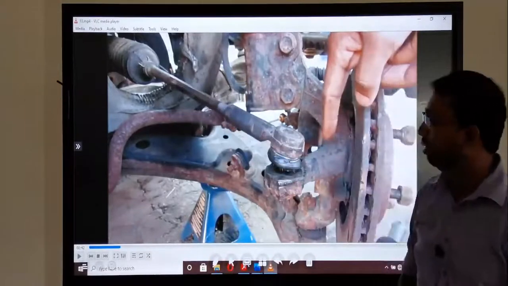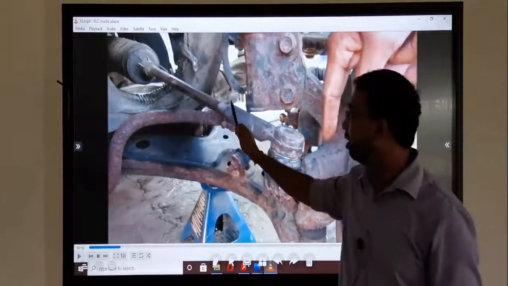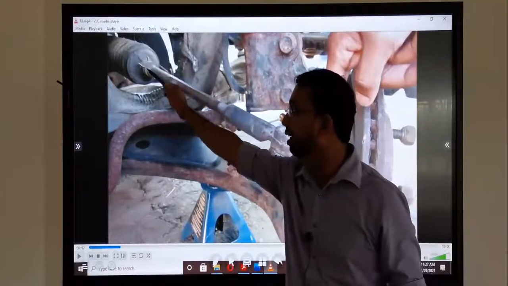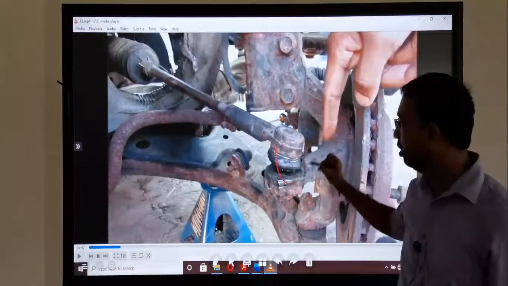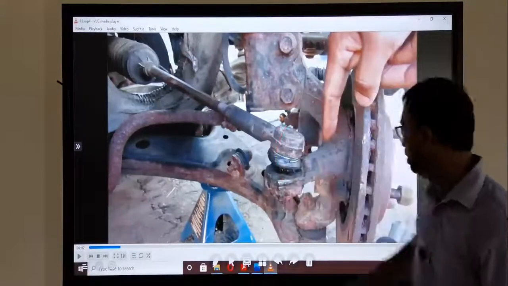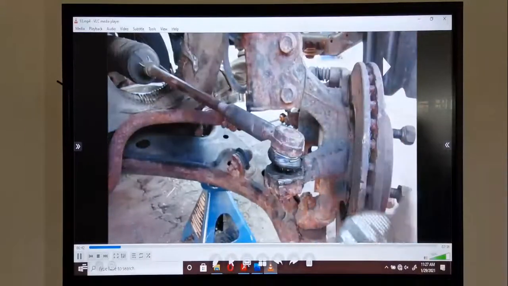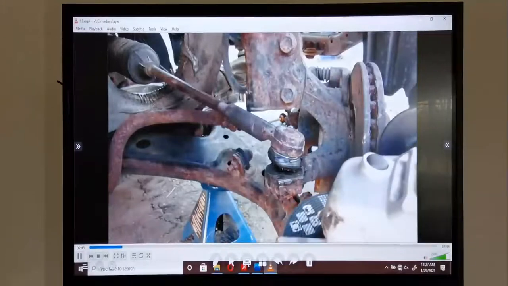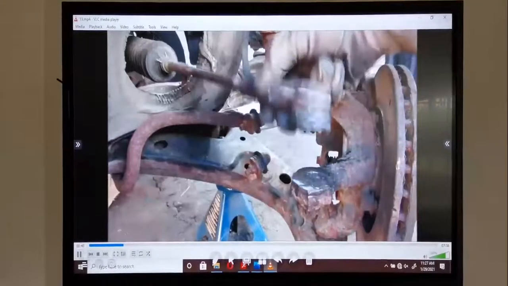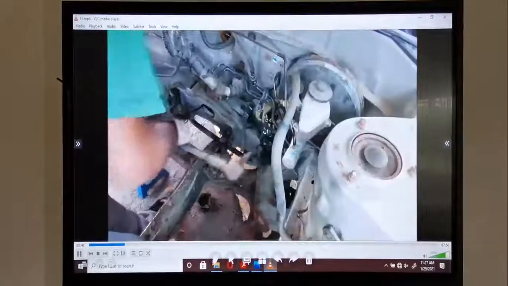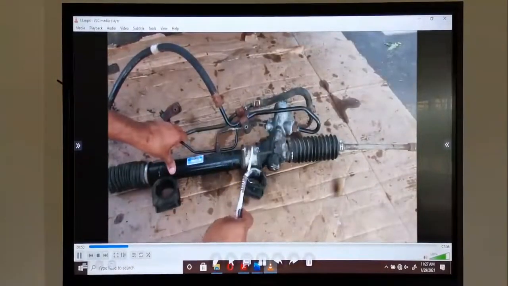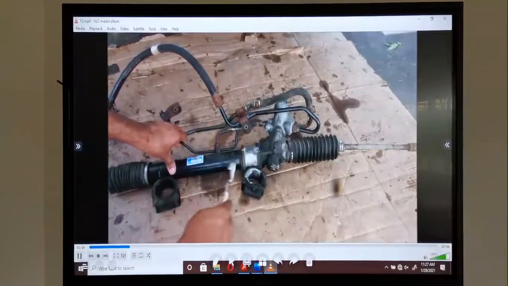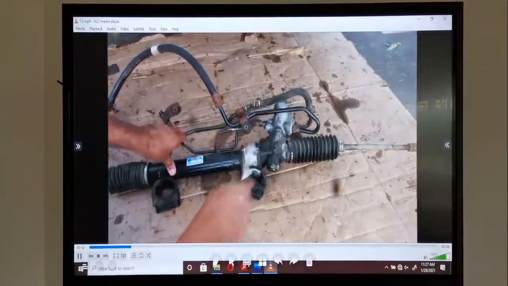This is the outer tie rod, and the inner tie rod is connected with the rack. Here is the ball joint. Now he removes the ball joint by using the grinder. Now he has completely dismantled and removed the steering rack.